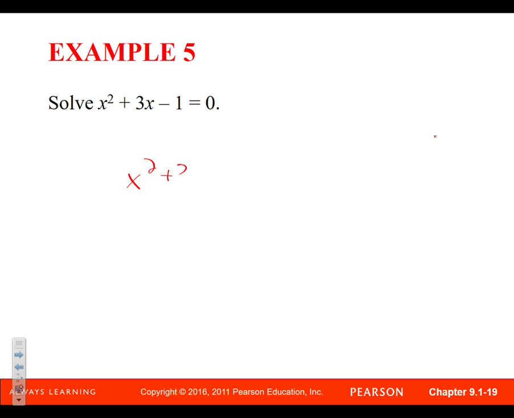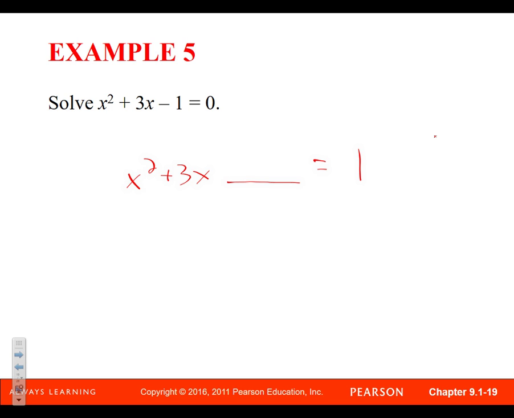X squared plus 3x. I'm going to leave a space here, David, because that's where I'm going to complete the square. That is equal to 1. I'm being technical. I'm completing the square.